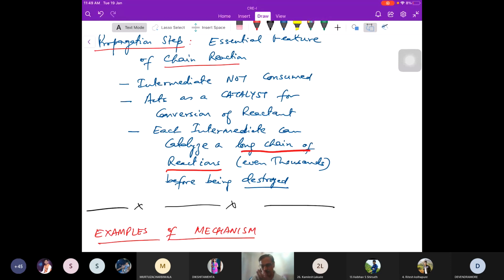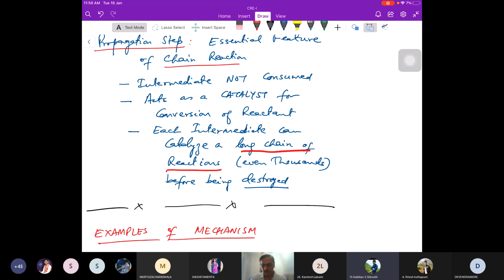If that rate equation matches the experimental rate equation, then the theory is correct. If it does not match, then the theory is wrong. Then we go back and propose another hypothesis, follow the same steps again, and see whether our rate equation matches the experimental data. Did you understand?